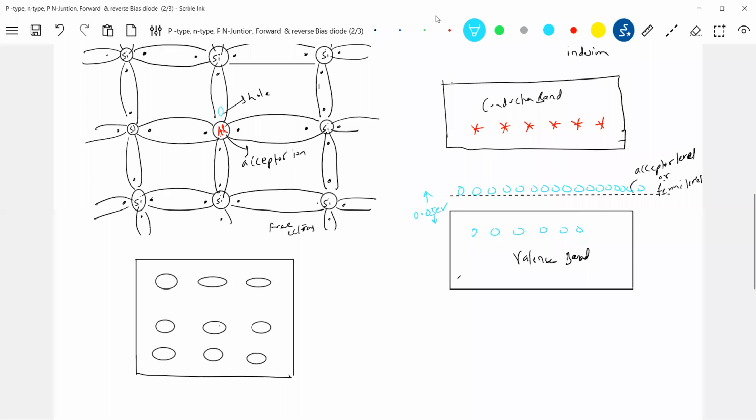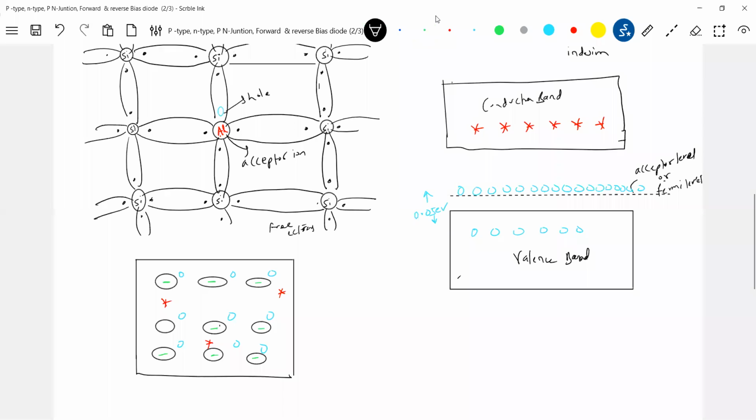Addition of one impurity atom will give one hole. Clear this. And along with that, there will be free electrons. Why are they there? They are due to thermal agitation. Now, shall we put a positive sign or negative sign for this? Negative sign. So what is the net charge of this p-type semiconductor?